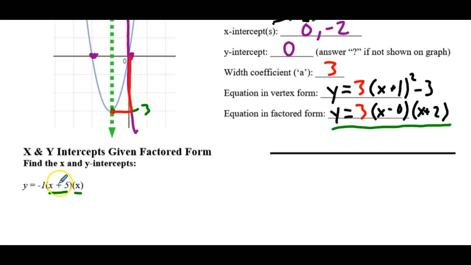And the reason why that matters is 0 times any number here and any number here is going to give us an answer for y of 0. That's how we know it makes an x-intercept, because it makes y equal 0. This value right here, what could we plug into this set of parentheses to make it 0? Well, since x is the only thing in there, it would be 0 itself. So -5 and 0 are going to be our two x-intercepts. And we'll label those.